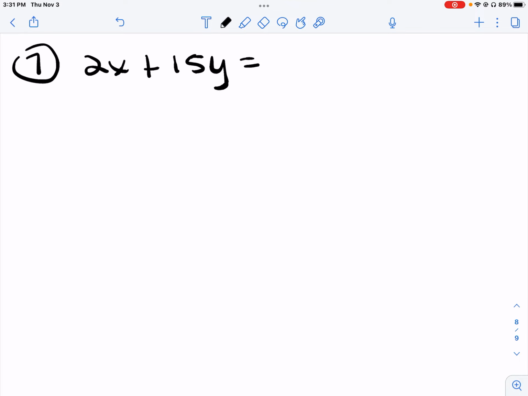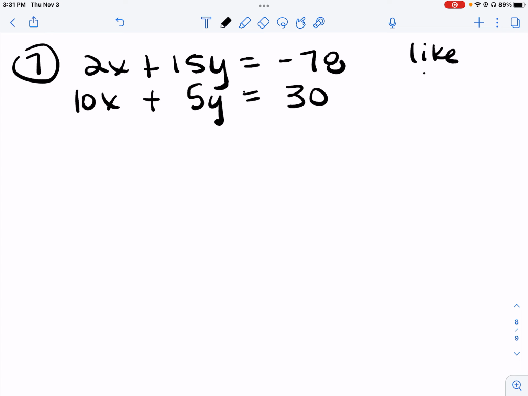Number 7 is to solve a system of equations, which means 2 equations, 2 letters. Since like terms are lined up, we use the add and eliminate method.